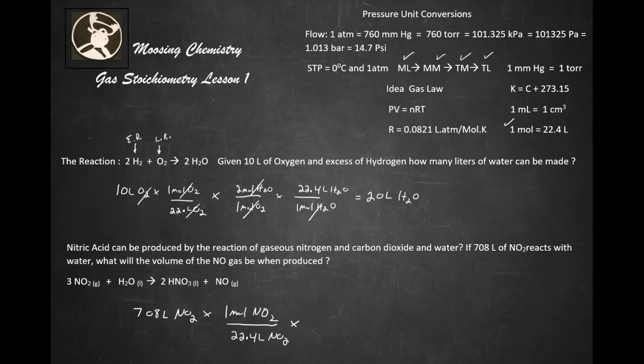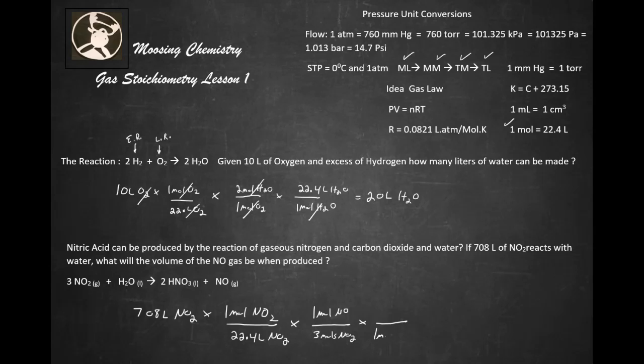Then we look at the mole ratio. There is 1 mole of NO to 3 moles of NO2. So we go 1 mole of NO on top and 3 moles of NO2 on the bottom. And then we convert that back into liters of NO gas.